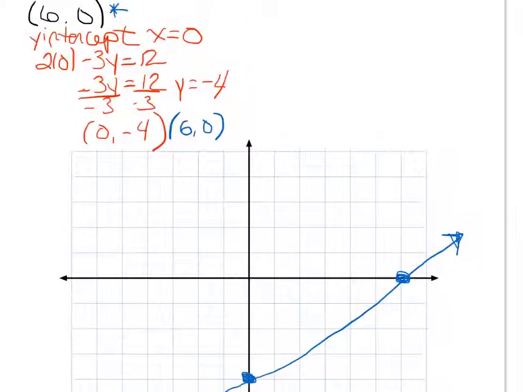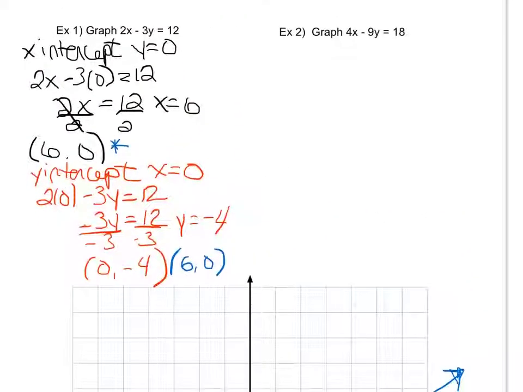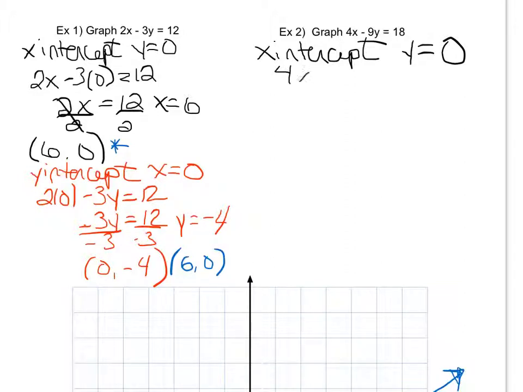So let's try example 2. Oh, great. Everything is going to stay in place. Okay, I'm going to do the same thing for example 2. I am going to start by finding my x-intercept. I know that if I'm on the x-axis, I go up or down nothing, so y is 0. Making my equation 4x minus 9 times 0 equals 18, which means 4x equals 18.